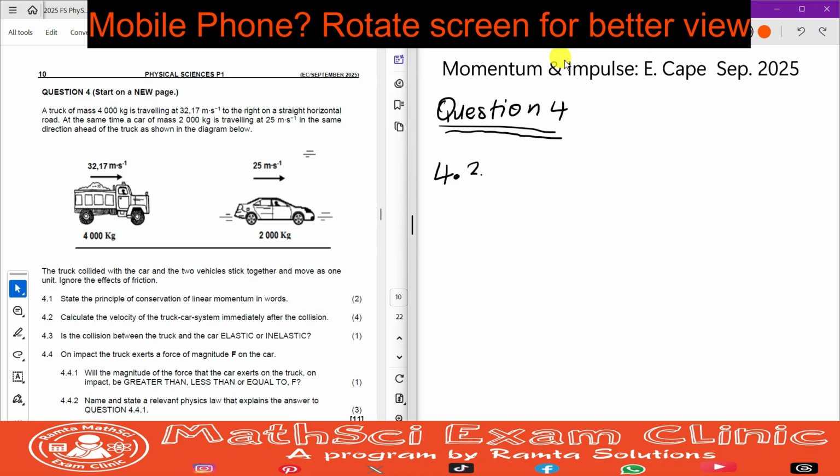4.1. State the principle of conservation of linear momentum in words.